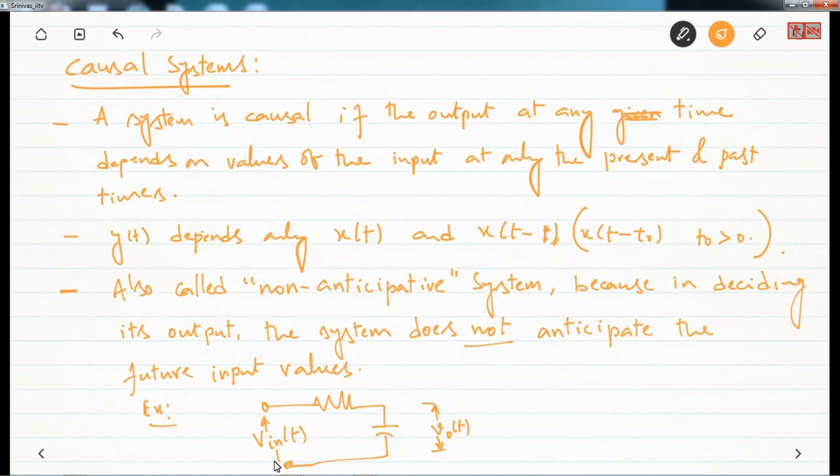The output depends on the input only till time t, not on future values of the input voltage. It depends only on the input voltage given till that point of time. So this is R and C. This is one example. Another example, as I was saying, is the automobile system.